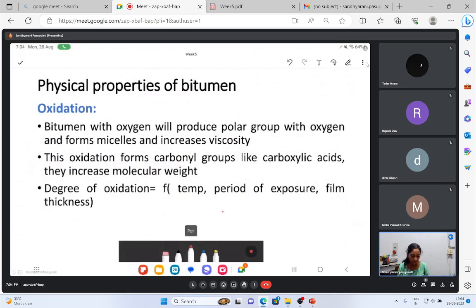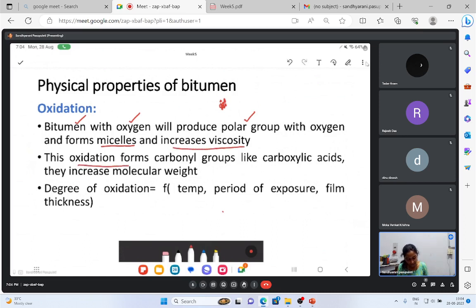Let us see oxidation. Bitumen with oxygen will produce polar groups. Let us say I have bitumen. When I expose that bitumen to oxygen, they will produce some polar groups with oxygen, and they form micelles. That means they agglomerate and they increase the viscosity.